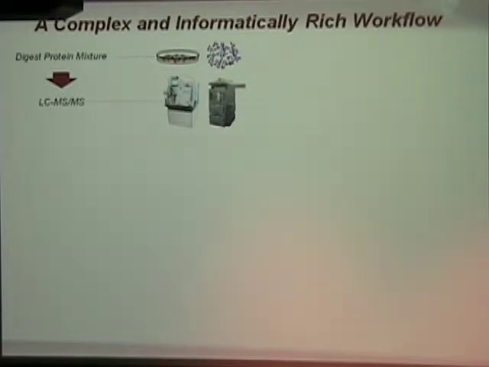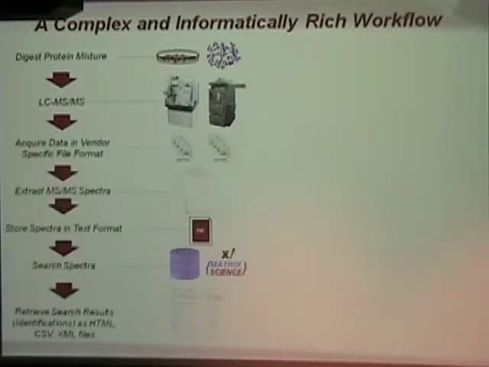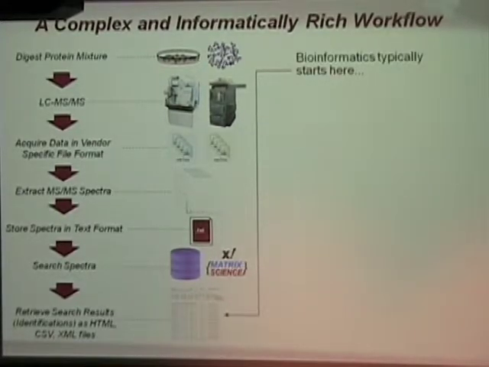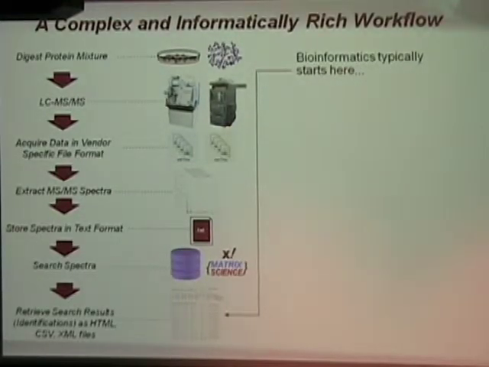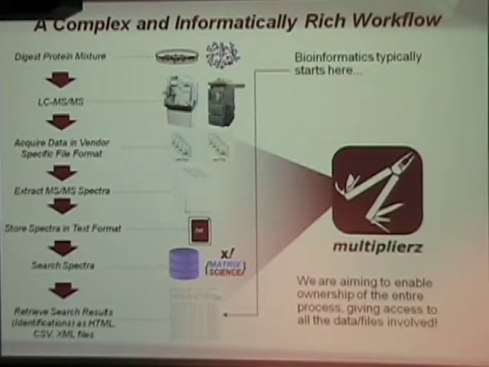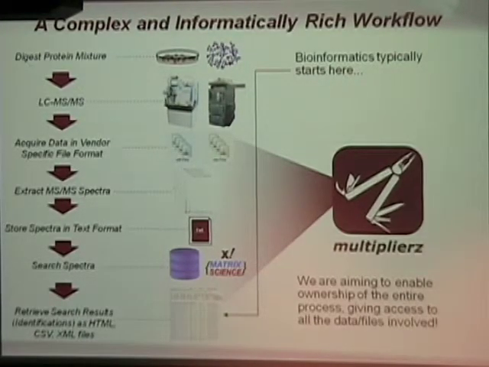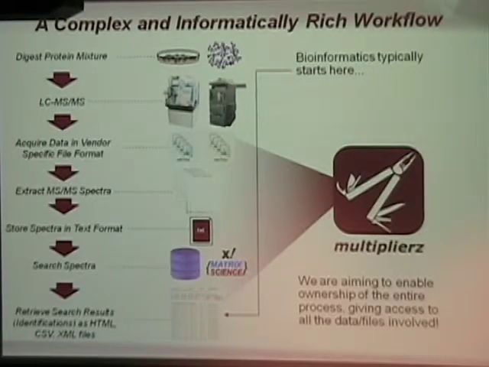So what typically happens is you digest a sample, you run through the instrument, you get some binary formats from the vendor, you extract stuff out, you run it through some search, some identification engines, they give you back peptides and proteins, and the bioinformatics starts at that point. And so we don't have enough people looking at the underlying raw data, and it's limiting us a little bit as a topic. And so one of the things that we've been trying to do is to make tools that bring you a little bit more upstream in the data flow and allow people to look at the raw data.